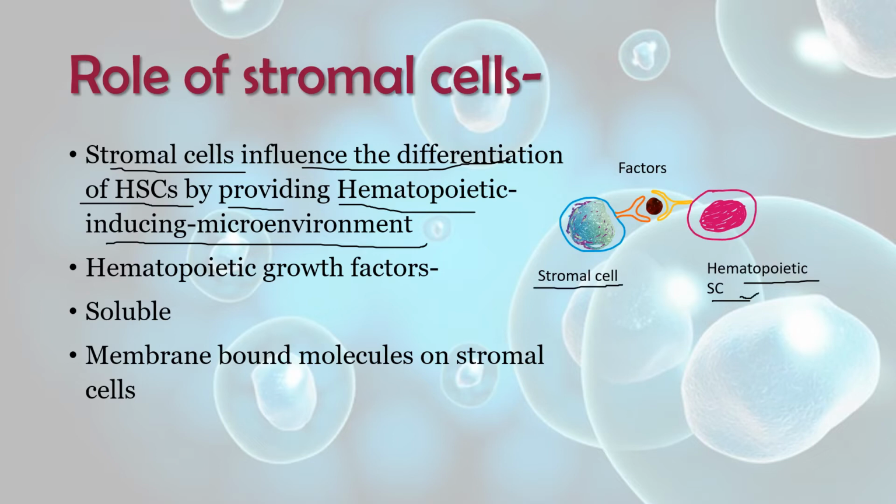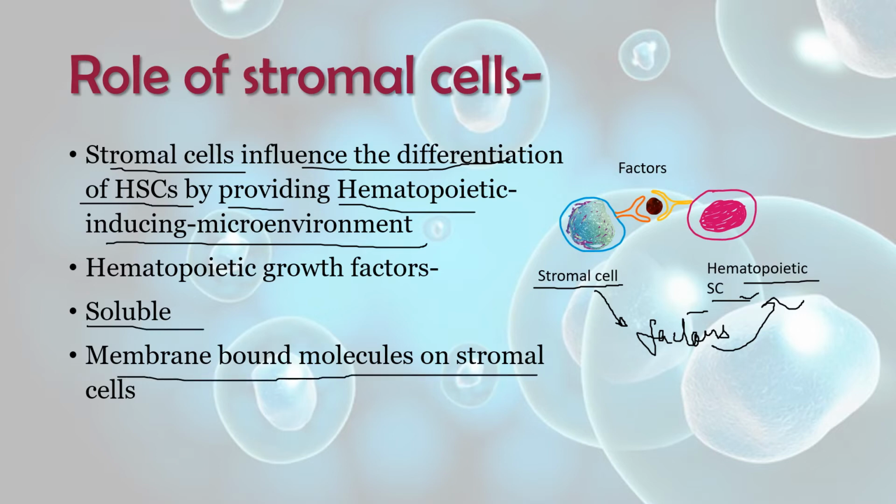So these stromal cells are responsible for the factors that promote the growth and differentiation of hematopoietic stem cells. These factors may be soluble or membrane bound molecules which are present on the stromal cell. The hematopoietic growth factors can be soluble agents that arrive at the HSCs by diffusion.